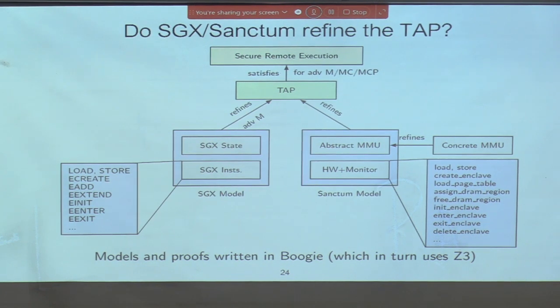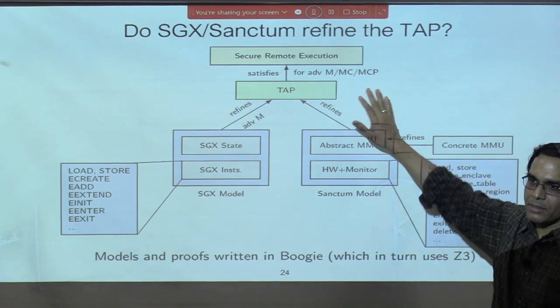So certain things cannot be observed, and only if you have the key can you decrypt it. That's right. Again, this is all standard stuff, and we just write these axioms down about the crypto operations and we use them. Is that part of the TAP? That is part of the TAP, exactly.